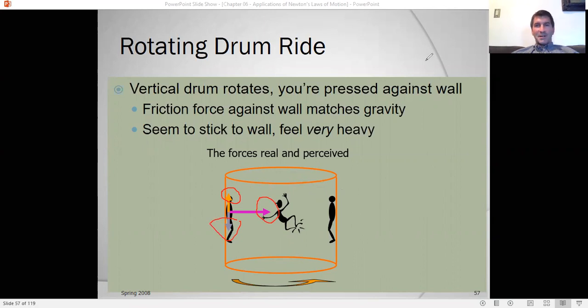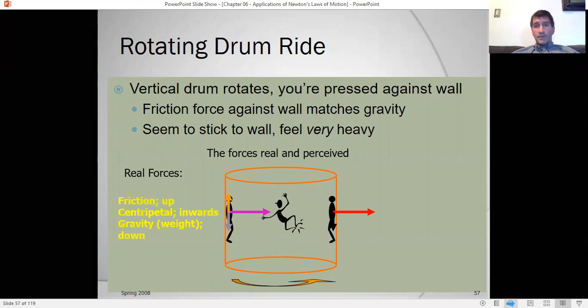It has you stuck to the walls, and it can do that because it's essentially using friction from the normal force, from the centripetal force, to keep you up on the wall. Of course, this is not the way that we feel it, okay? The way that we actually feel it is somewhat different.